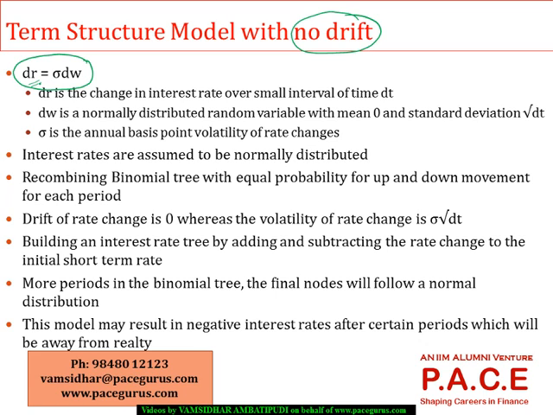A small change in the interest rate within a small time period dt is assumed to be equivalent to the annual volatility of the interest rates multiplied by a normally distributed random variable.